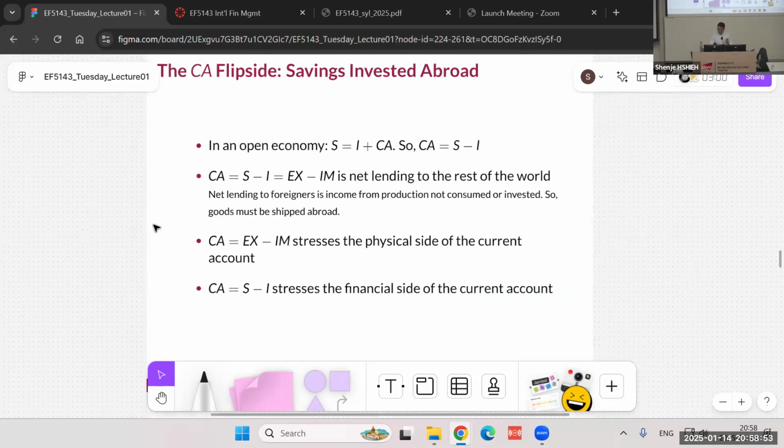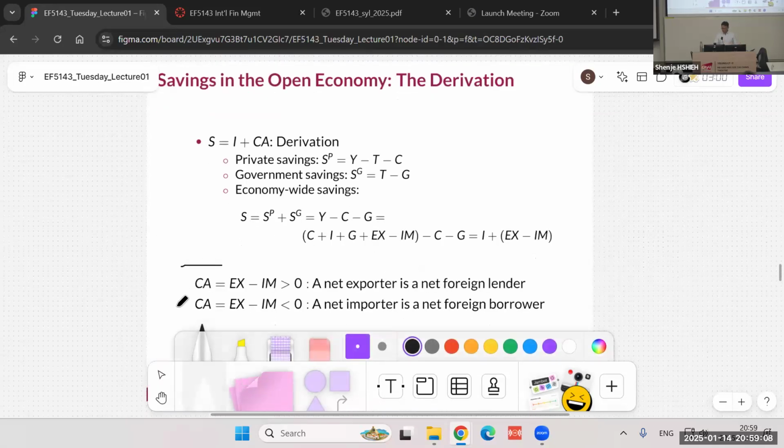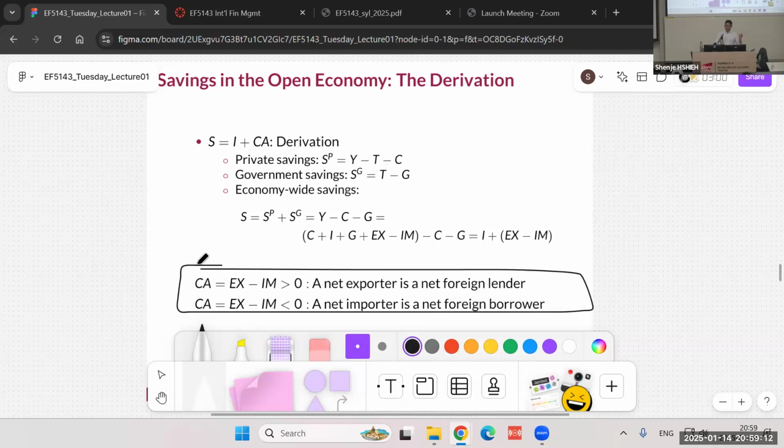All right, so I did prove this to you in the previous slide. Hopefully you are convinced that the current account is net savings abroad as well as net exports minus imports, and this interpretation applies to both savings and commodity flows.